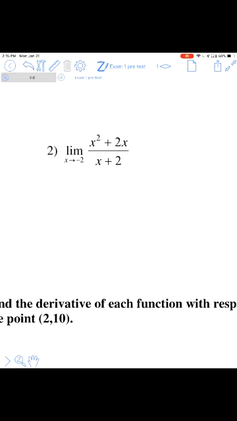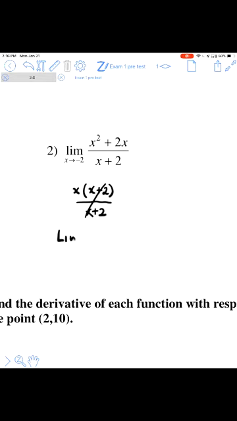If on question 2 we attempted to do the same thing, if we plugged in a -2 right there, we'd have -2 plus 2, it's 0. It's not going to work. So oftentimes what that means is there's some simplifying that needs to be done with that expression. So in the numerator, if you factor out an x, then the x plus 2 factor in the numerator and denominator cancel out.